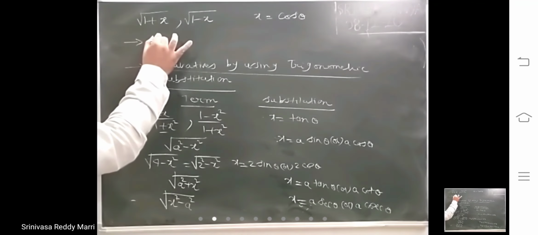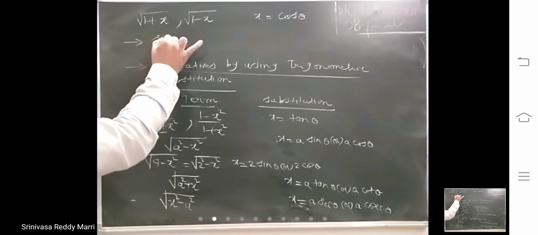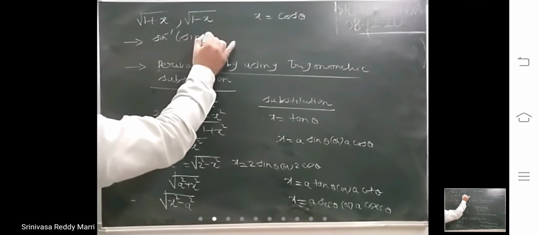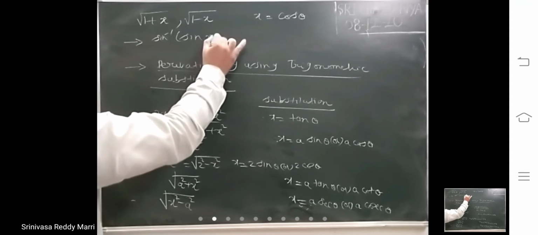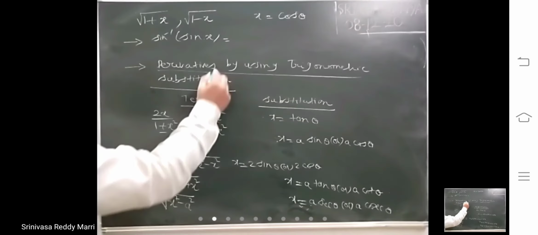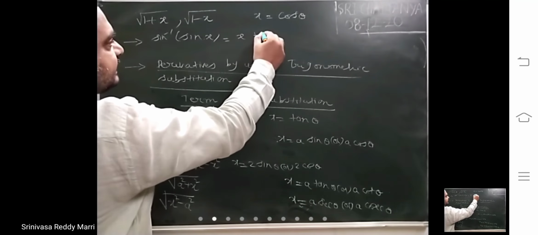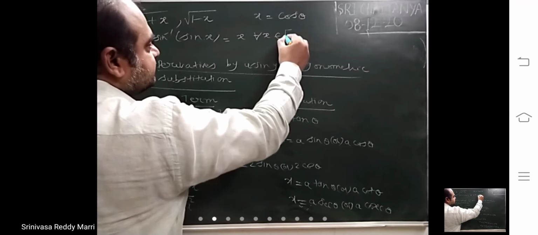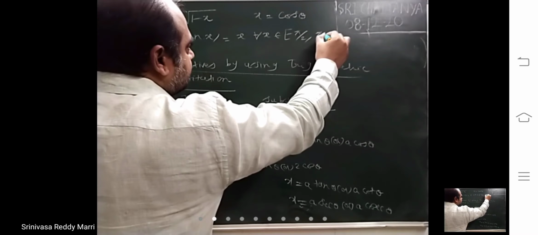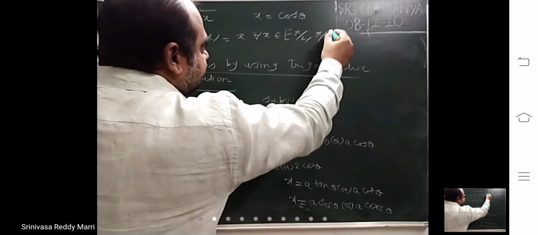In inverse I told, look at sin inverse sin x. Now you will get these types of problems. If you get sin inverse sin x, you can write x if that angle is between minus pi by 2 and pi by 2.